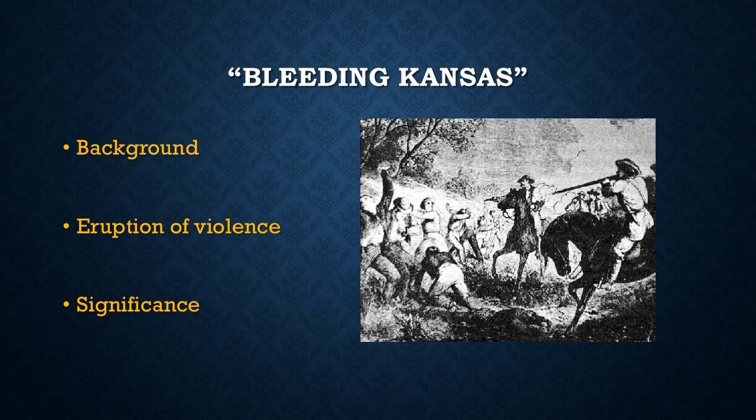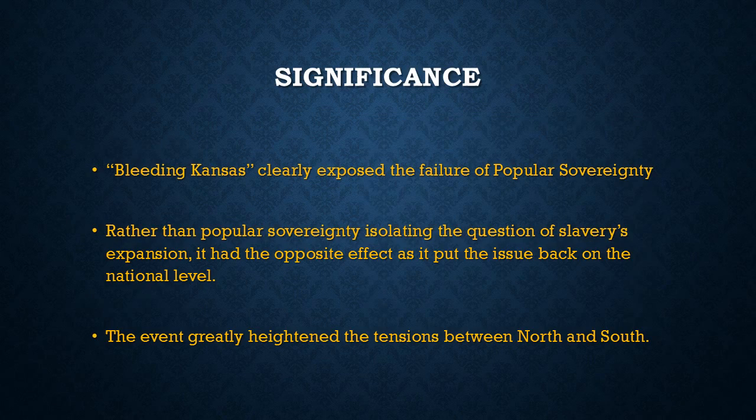Why is it significant? A few reasons, and then we'll finish up here. Bleeding Kansas was significant because it clearly exposed the failure of popular sovereignty. This is the negative outcome of allowing settlers of a territory to decide for themselves an issue such as slavery. So it showed everyone in the country that popular sovereignty is a failed idea.